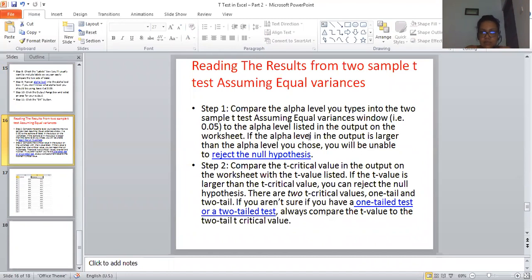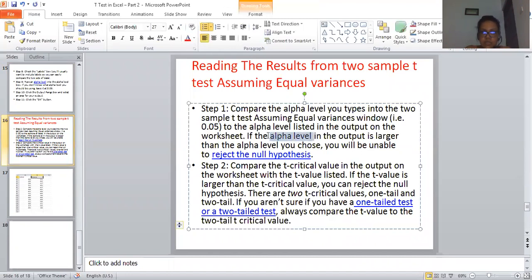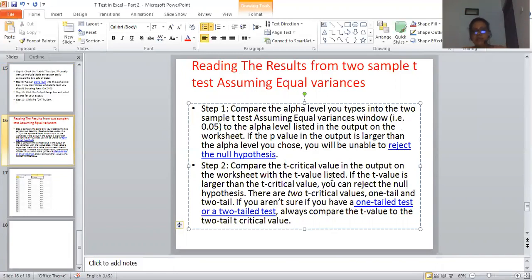If the p value in the output is larger than the alpha level you choose, you will be unable to reject the null hypothesis. That means if the p value is greater than the alpha 0.05, we are unable to reject the null hypothesis.